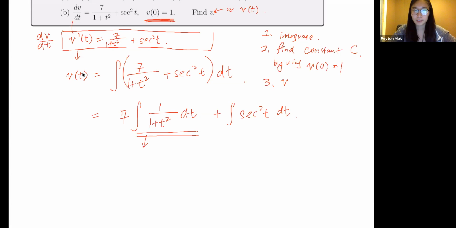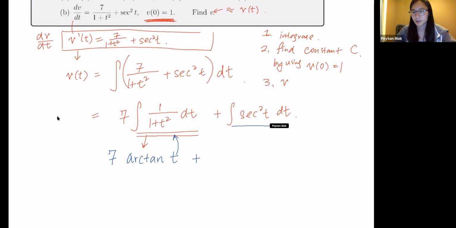If you don't remember it, it's okay. You should have seen it somewhere, it should be in the textbook. But if you don't remember, you should remember that this is going to be equal to arctangent t. You can try that out on your own. If you differentiate arctangent, you'll get back this. So if you integrate, you'll get back arctangent.